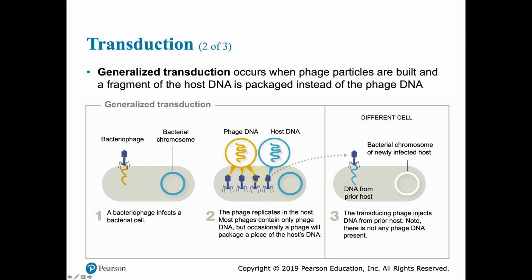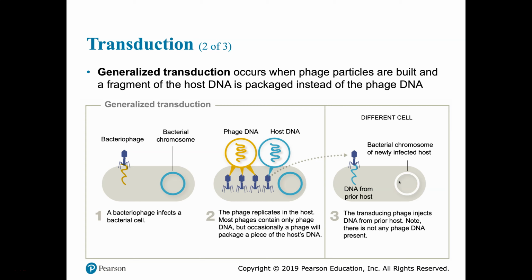Then when all of these exit this cell, when the cell ruptures and the viruses are released, this one right here that accidentally picked up the bacterial DNA will infect a new cell, and it will infect the cell by inserting bacterial DNA instead of viral DNA, which for the new cell could be beneficial, because maybe the phage accidentally picked up a trait that makes it pathogenic, or a trait that gives it the ability to metabolize a sugar it couldn't metabolize earlier.